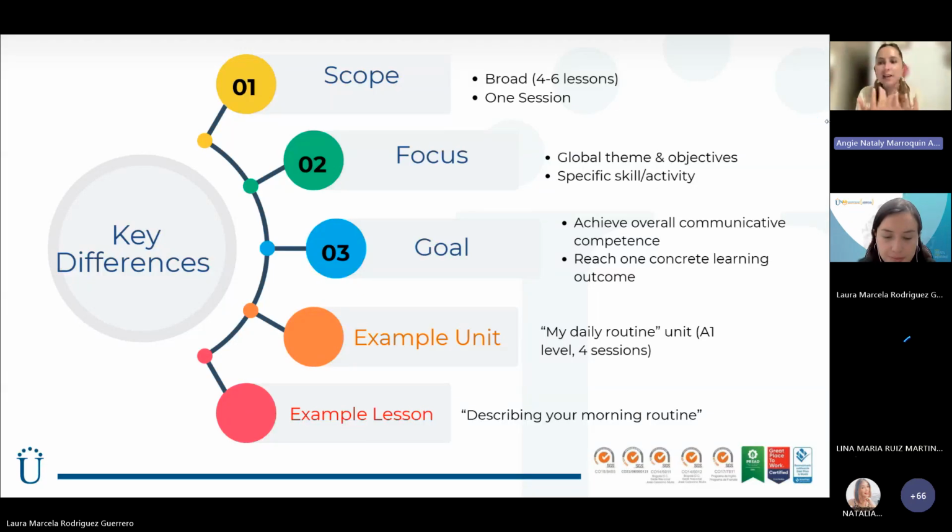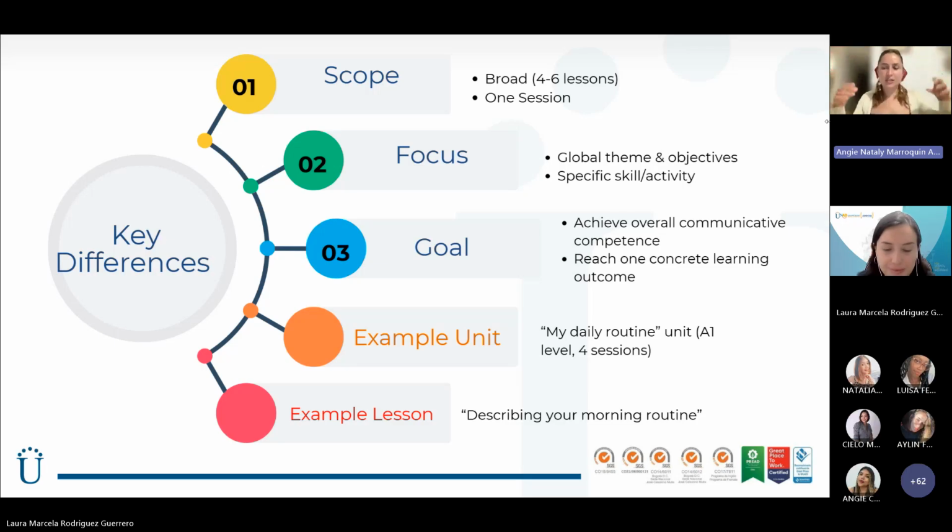So they are covered by the unit. I don't know if that makes sense. It's like an analogy. So we have the people under the umbrella, which are the lesson plans, and we have the umbrella, which is the unit. So the first difference is the scope.